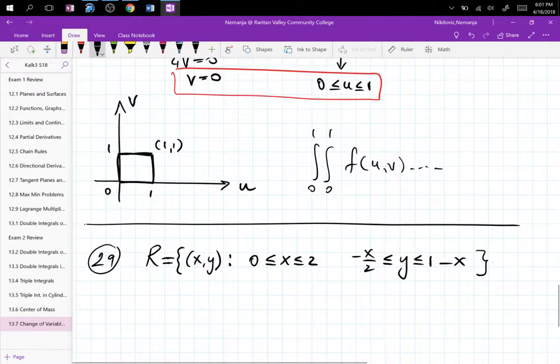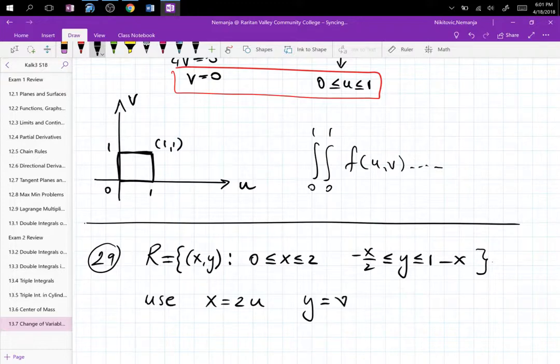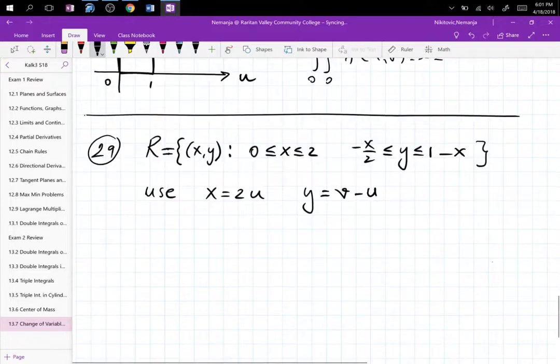And they're giving us a transformation, so we should use x equals 2u and y equals v minus u. So that's our transformation. All right, great.